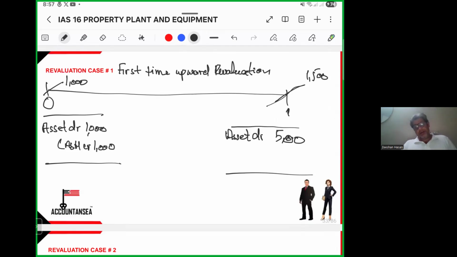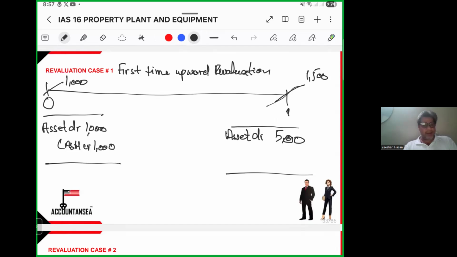No. The gain is not realized yet. It's actually just a fair value increase.